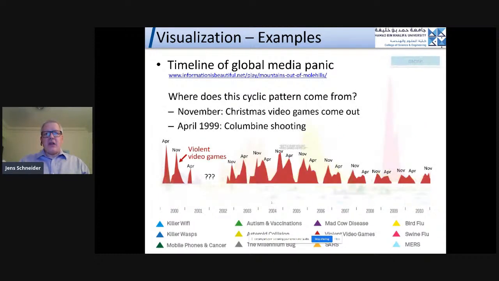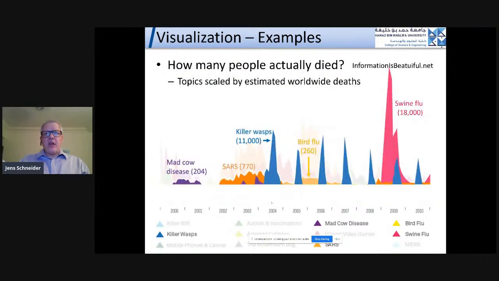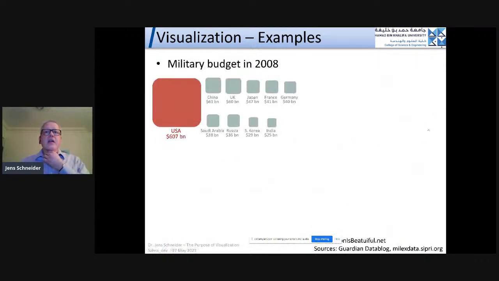At the same time, we have swine flu roughly corresponding to the impact, and SARS not quite, and bird flu also not quite. So these are things that you can find very quickly with visualization, both trends and outliers.